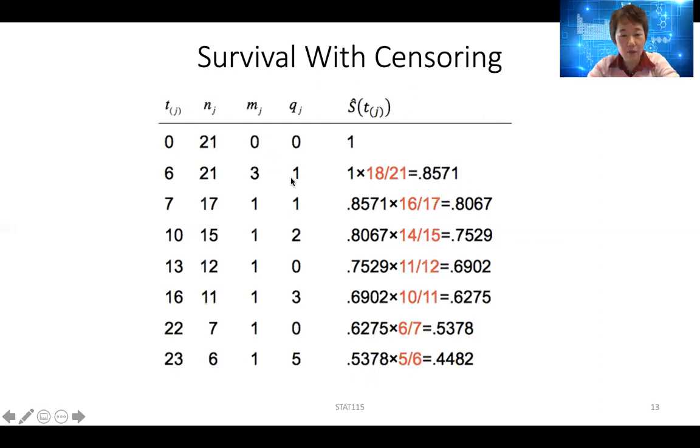But then in the next point, you don't have 18 patients left because 1 guy is gone. Somehow they dropped from the study. And so the denominator is no longer 18, it's only 17. It's the available number of patients who are continuing on with the study. And then 1 died, and so the survival probability is actually 0.86, not 16 divided by 18, right? And then say another patient left.